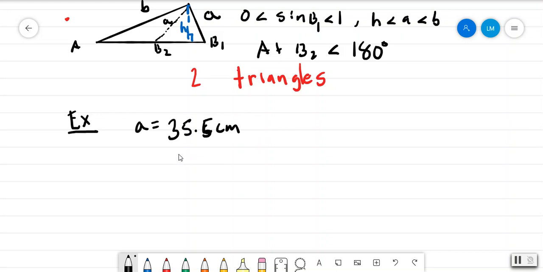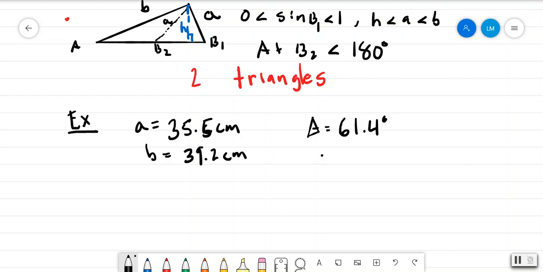We're also going to say that B is equal to 39.2 centimeters. And then we also have that angle A is 61.4 degrees, that's going to be it actually. So more or less, this is your case of side-side angle.